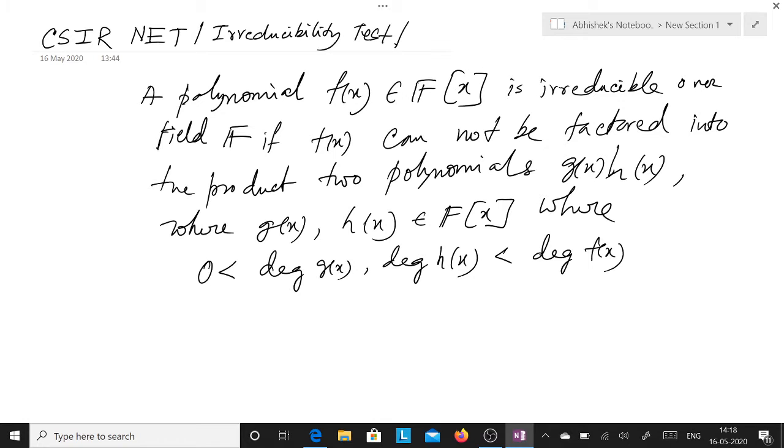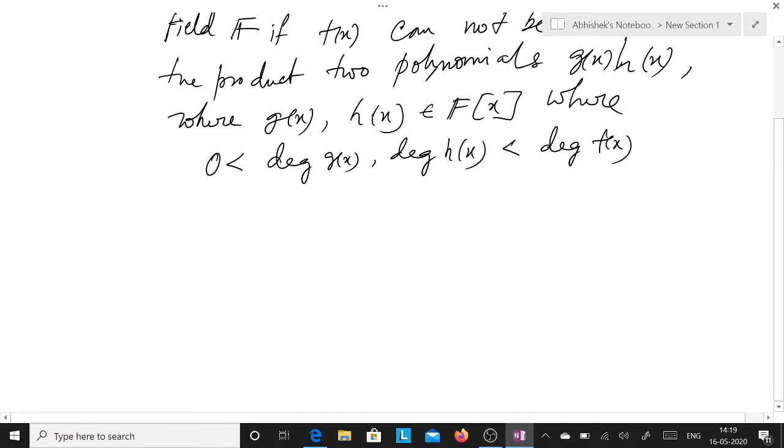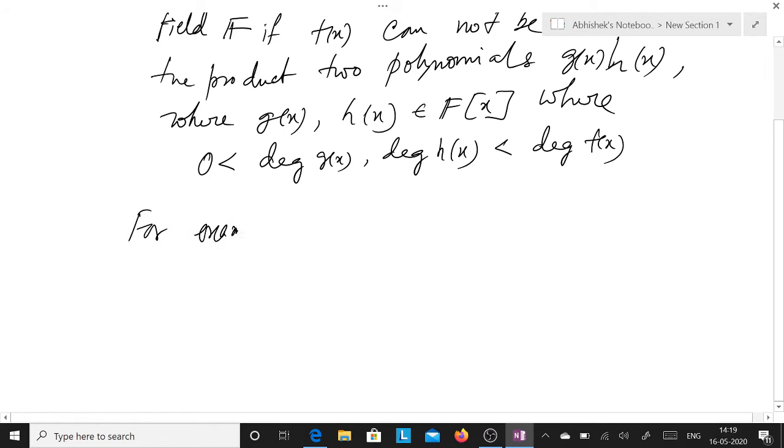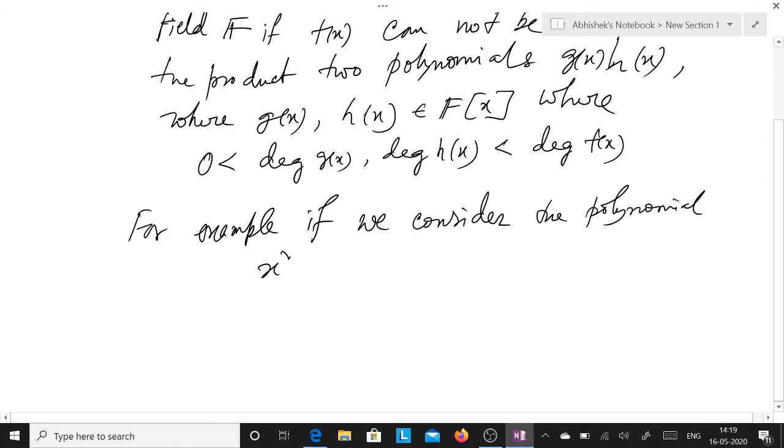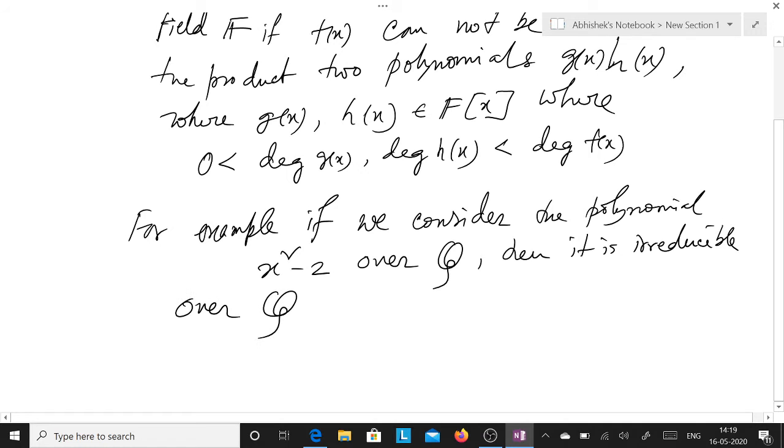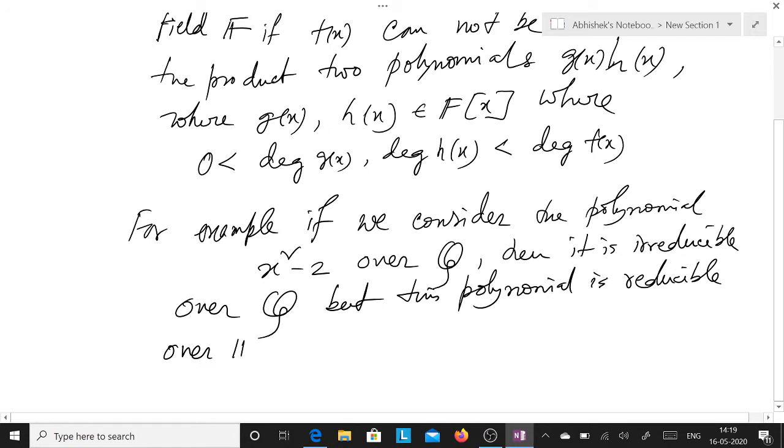That is, it is irreducible over a field F because, for example, if we consider the polynomial x square minus 2 over Q, then it is irreducible over Q. But this polynomial is reducible over the field of reals.